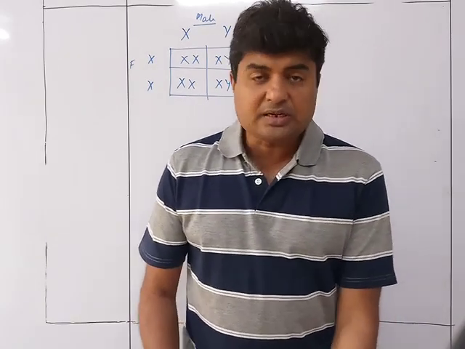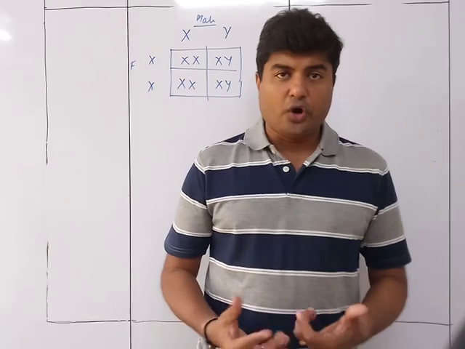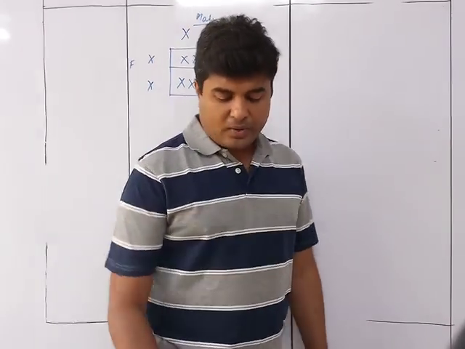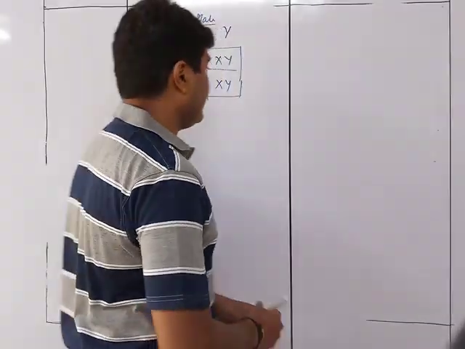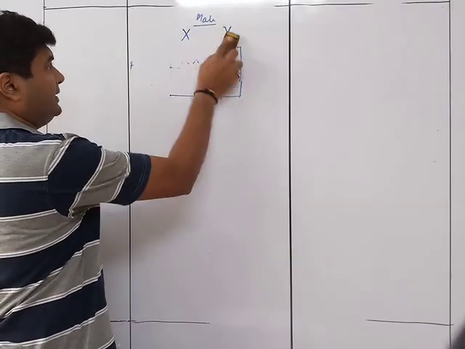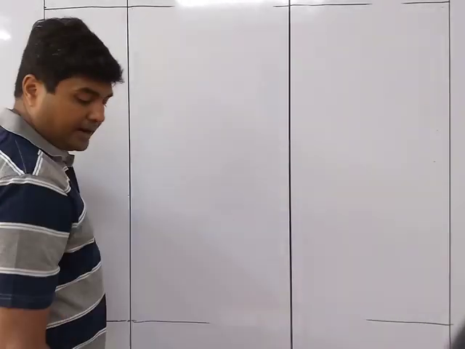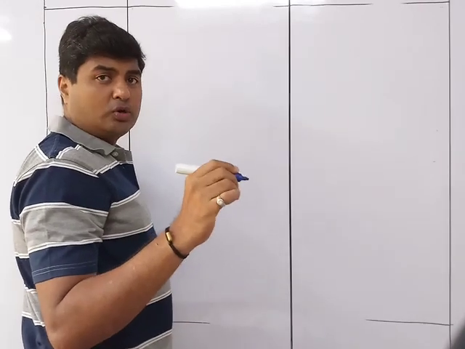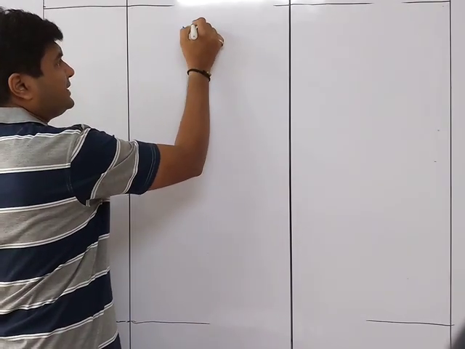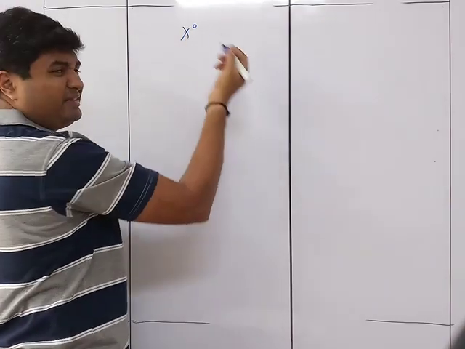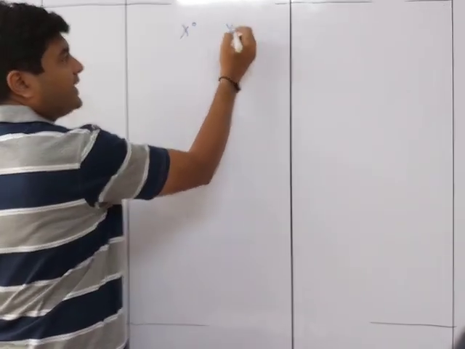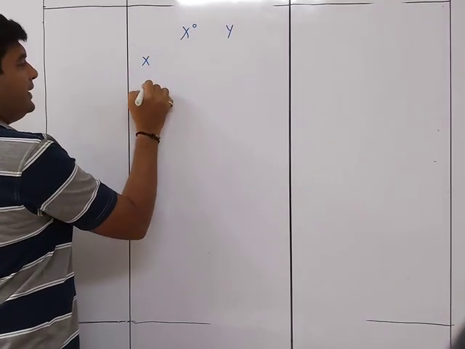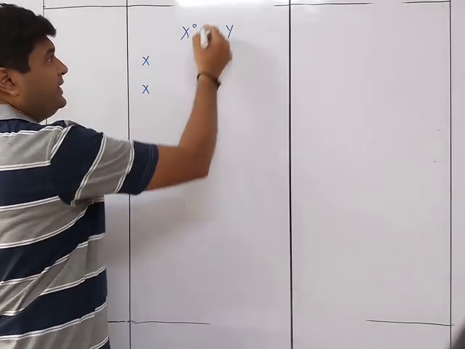So let's see some examples in Punnett square form so that we can understand this much better. Let's consider a colorblind father. Because he is colorblind, he has a defect in his X chromosome, so we will put a circle or a C over his X to indicate that he is a sufferer.